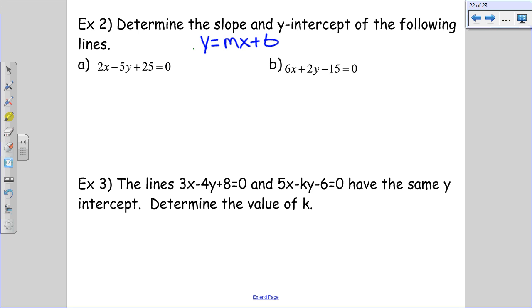In this equation right now, the y is with everything. So we want to move it to the other side so it's all by itself. To move something, we do opposite operations. So if I have a minus 5y, what should I do? It's positive 5y. What you do to one side, you do to the other. That gives me 2x plus 25 equals 5y.